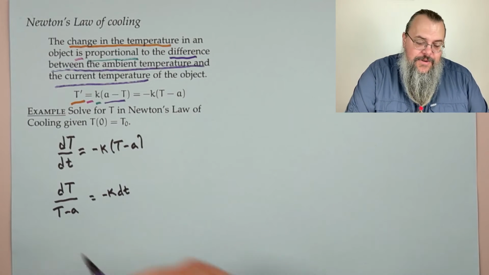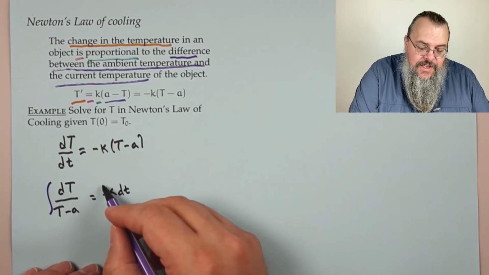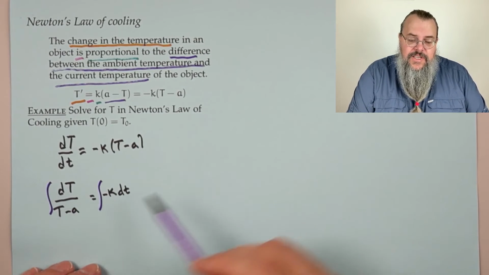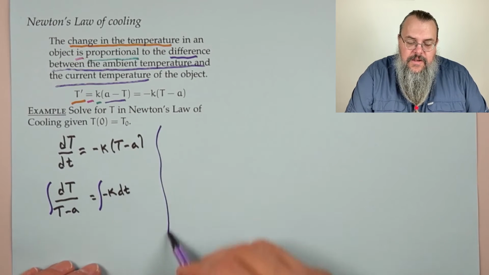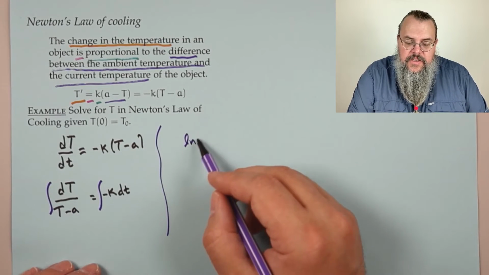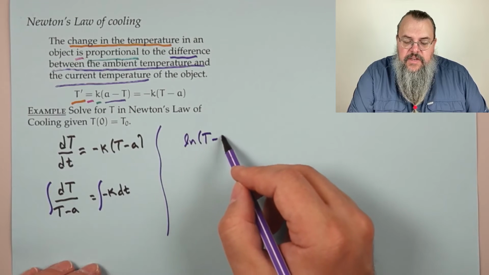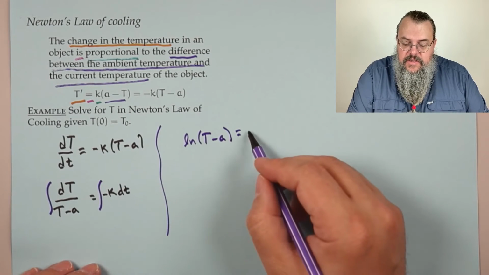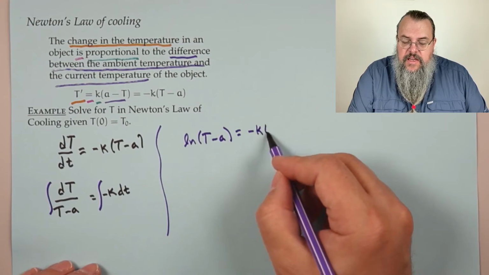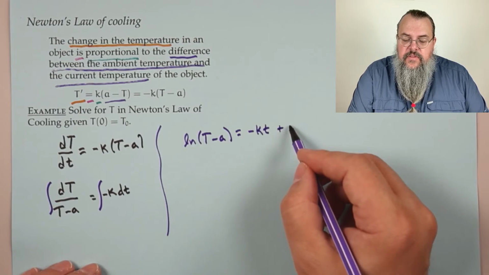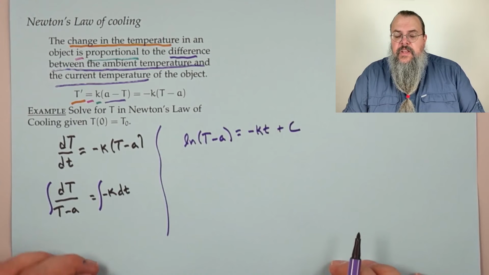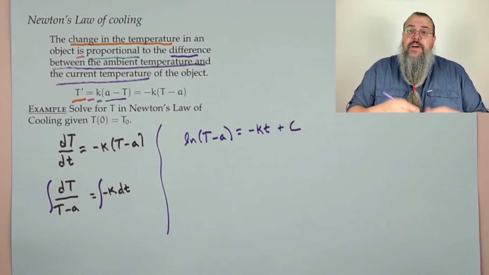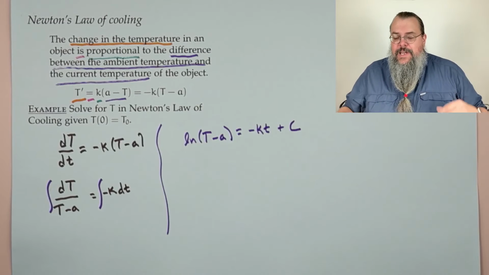Now we want to successfully integrate, because that's our next step. The integral of dT over T minus A will be natural log of T minus A. Integral of minus k dt is minus k times t, and of course, plus C. Now, do I want to plug in my constant here or plug in my constant later?